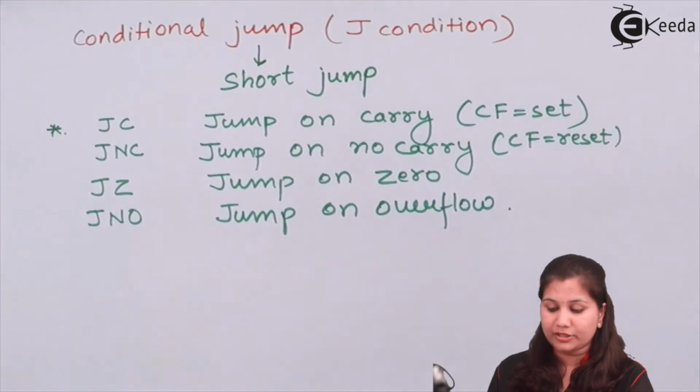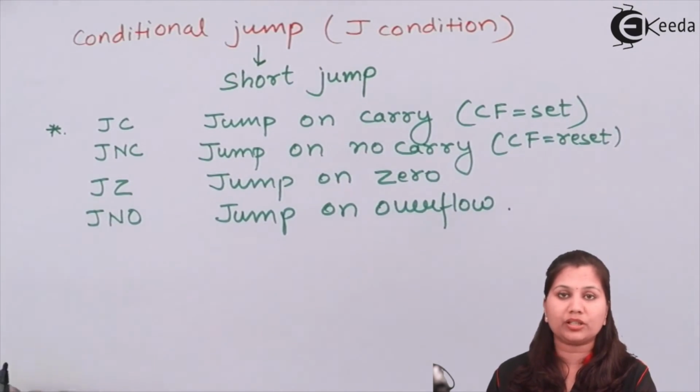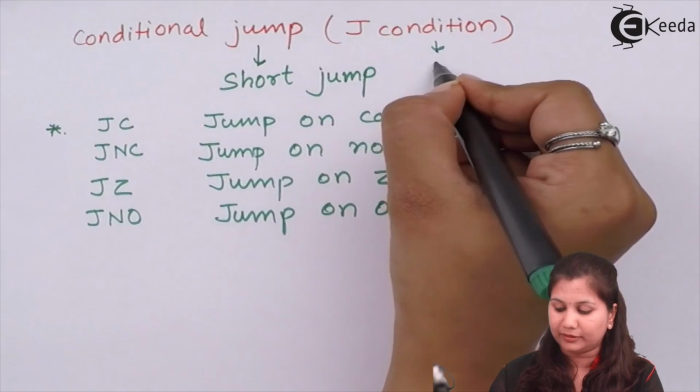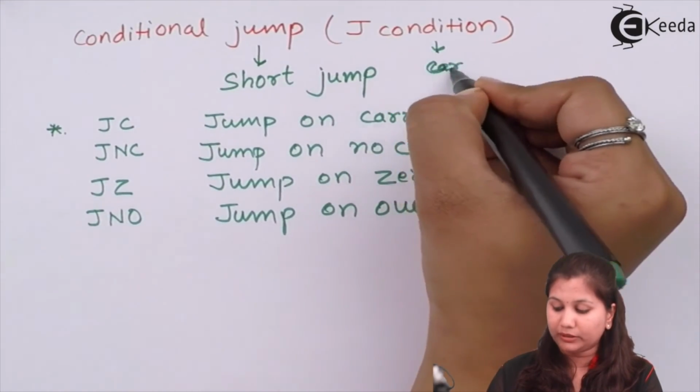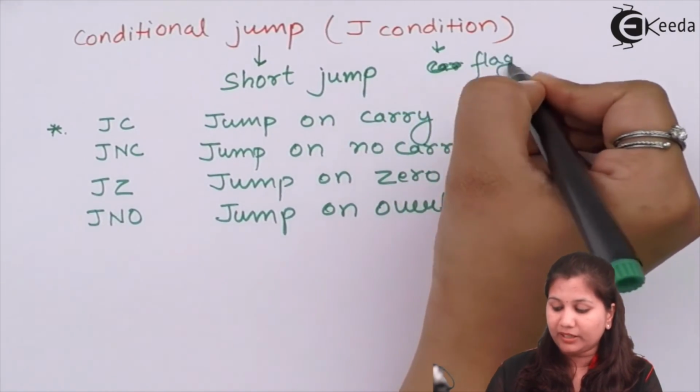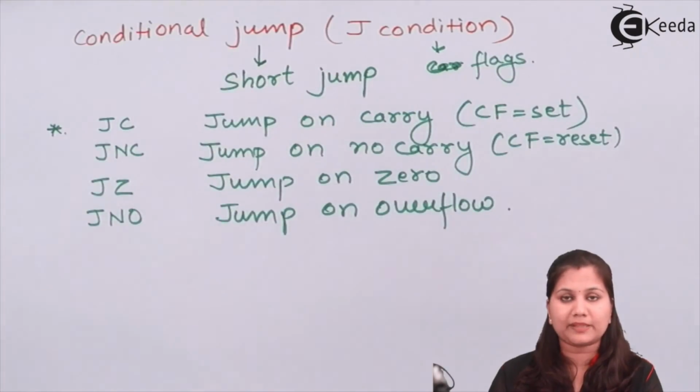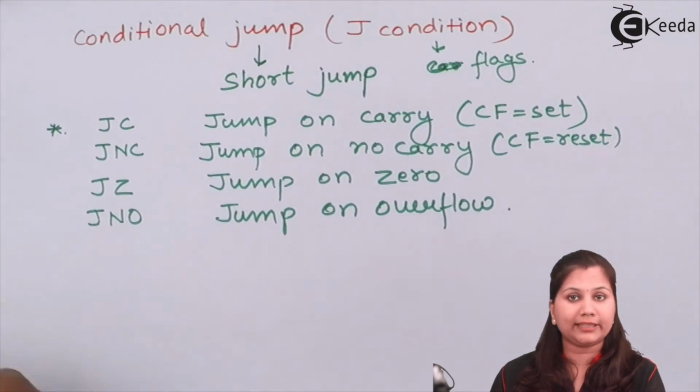Now these conditional jump instructions always use conditions on the flags. There are various types of flags in the microprocessor like carry flag, zero flag, parity flag, overflow flag, sign flag, auxiliary carry flag.